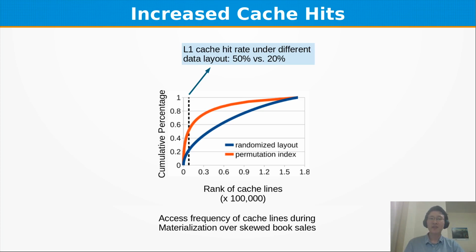We can compare the cache usage between the permutation index and a randomized data layout. This figure shows the access frequency to cache lines during a materialization query on the previous book sales data with skew. The dashed line here corresponds to the size of the L1 cache.